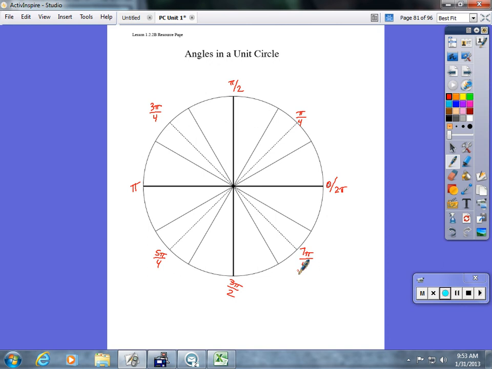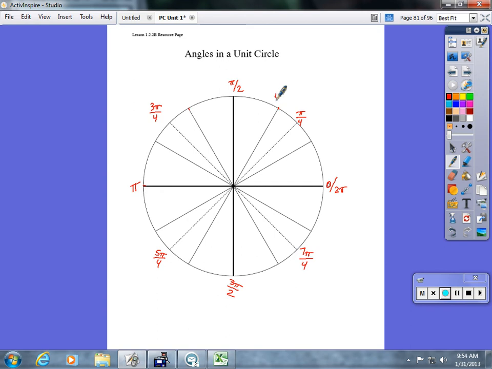All right, now I got to go to my 30, 60 angles. And if I look at this, between 0 and pi, I have 1, 2, 3. Okay? 1, 2, 3. So if I look at my half circle broken down into thirds, what do I end up with?